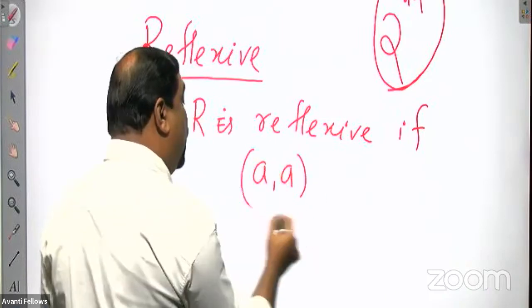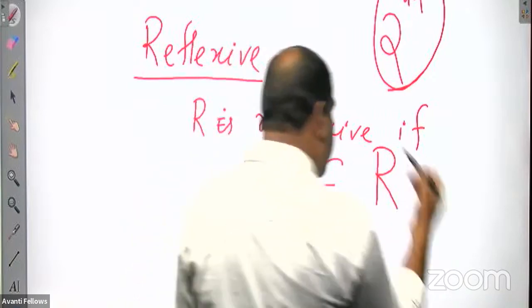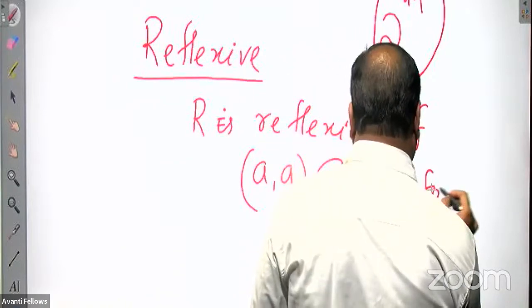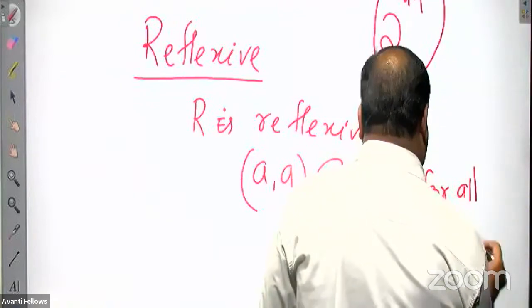Mathematically, we write (a, a) belongs to the relation R for all a in that set.